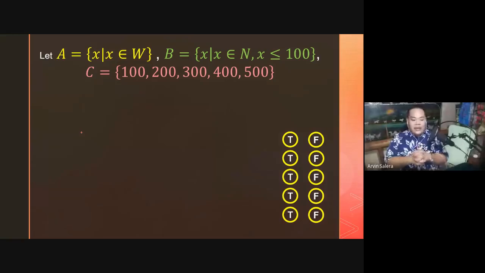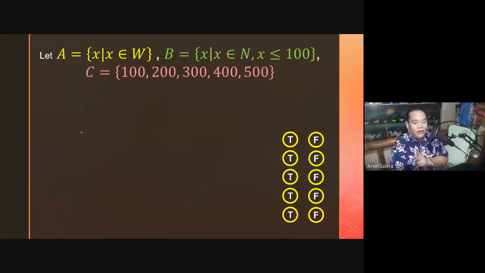Okay. Sige, let's say for example, A is equal to the set of X such that X is an element of W. Unsa ni ning W? Whole numbers. By the way, whole numbers is just like natural numbers, but natural numbers start from 1, whole numbers start from 0. So whole numbers start with 0, then 1, 2, 3, 4, and so on.